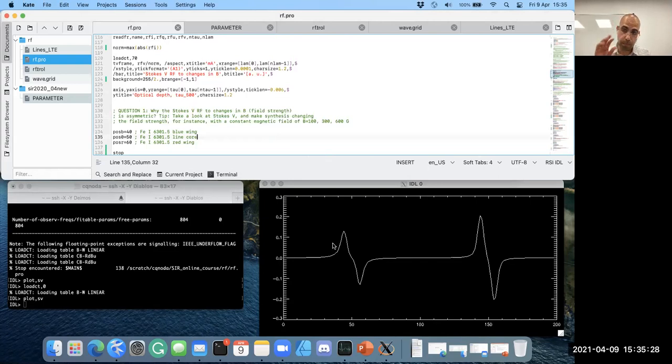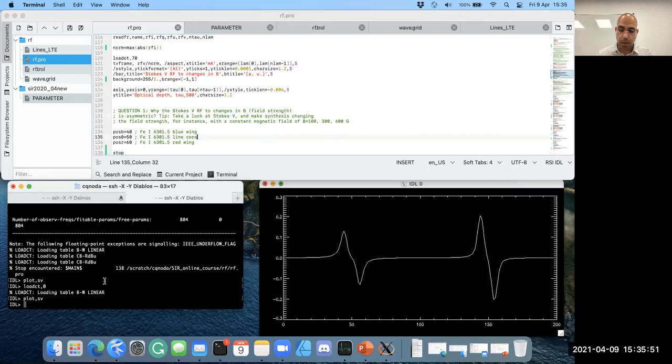And this is only for magnetic fields with a low amplitude, like between, I don't know, 50 Gauss and 700 Gauss for these lines. When you go up, then the change on the spectral features will be a bit different. So just play, as I recommended, with 100, 300, 600.